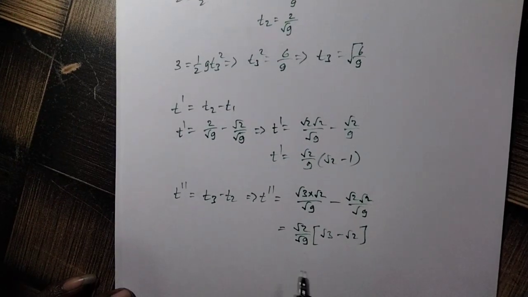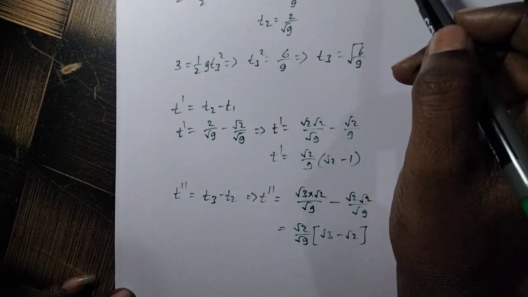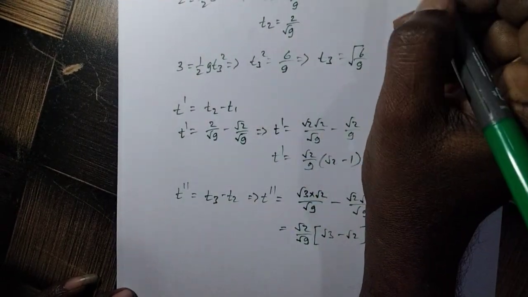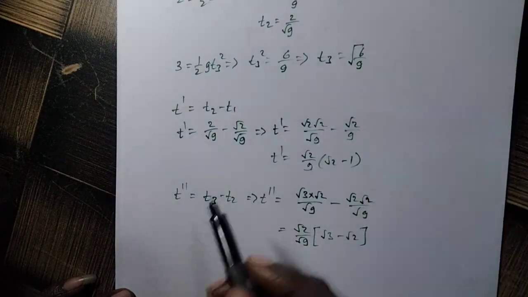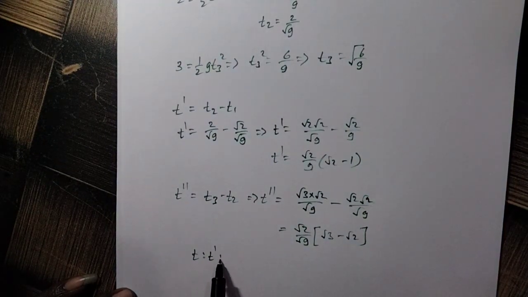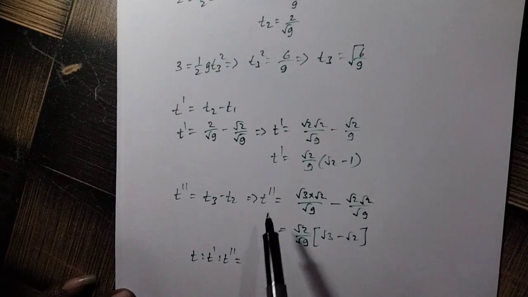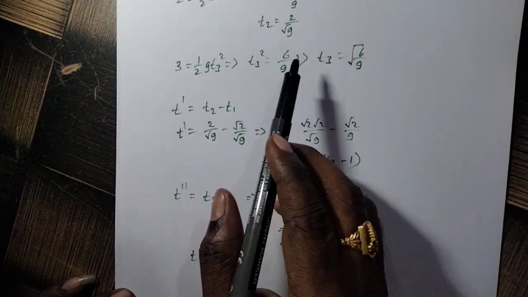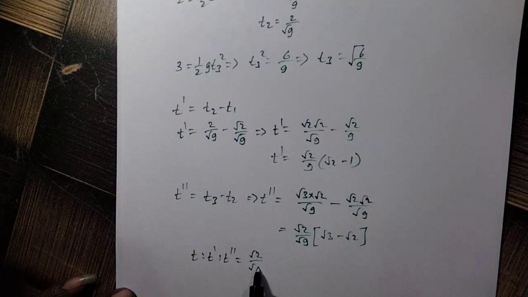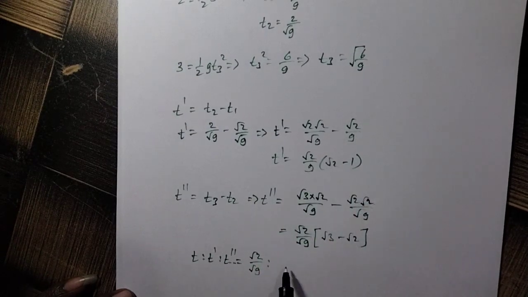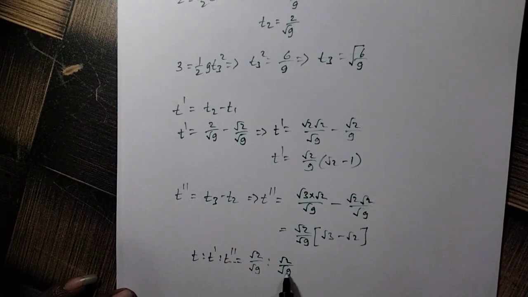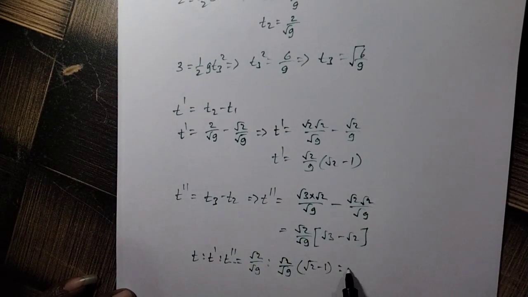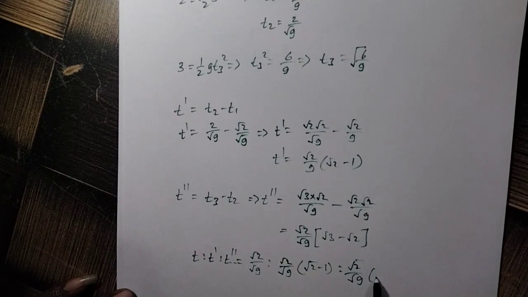Now we have to find the ratio t is to t dash is to t double dash. t is nothing but t1, root 2 by root g, is to t dash, root 2 by root g into root 2 minus 1, is to t double dash, root 2 by root g into root 3 minus root 2, and so on.